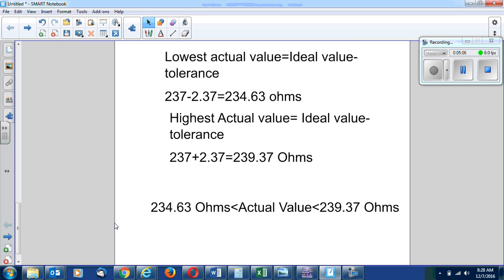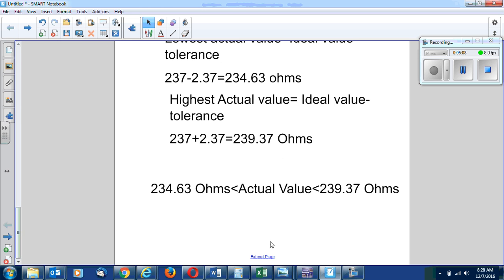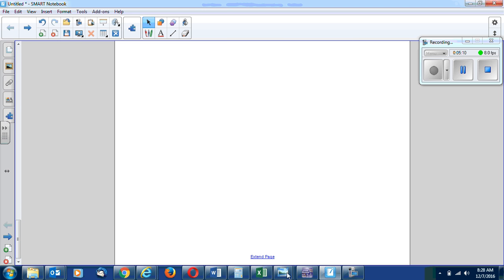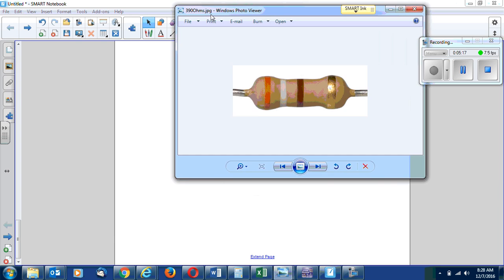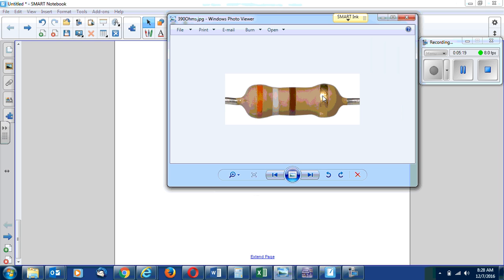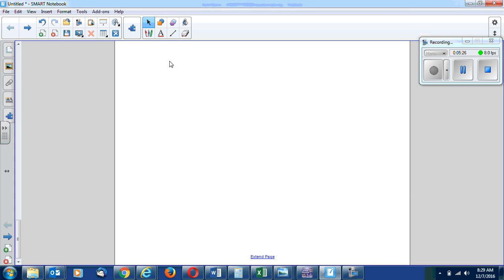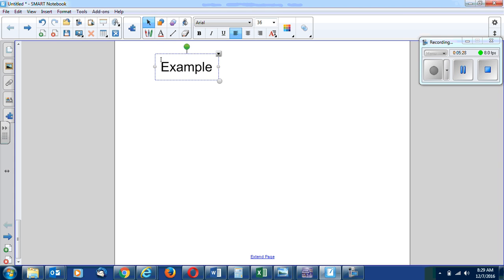Okay, so let's look at another example. In this example, I'm going to use this resistor right here. You can see it's a 4-band resistor. I have those in the classroom. It has an orange, white, brown, and gold band.